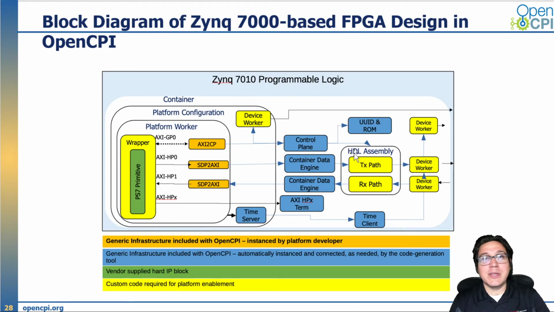Then we have the HDL assembly, where it has the workers that are actually executing. One thing I want to note is there's a read-only memory that contains a UID and metadata to identify what bitstream is currently loaded, and that's queryable from the ARM side. So you can see what exactly is loaded on the FPGA fabric.